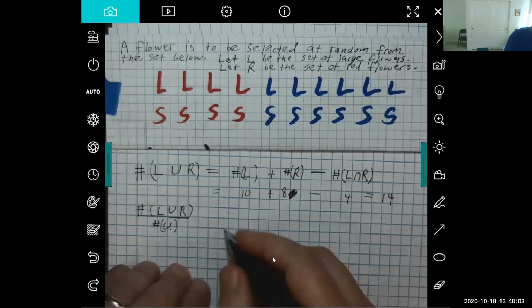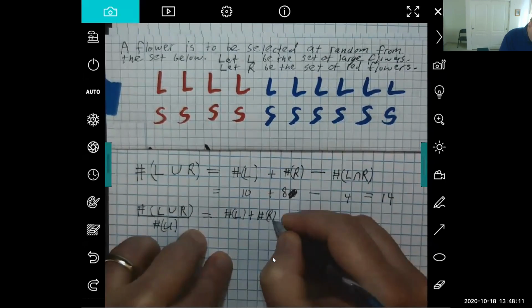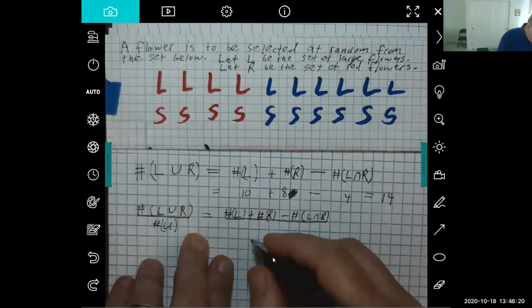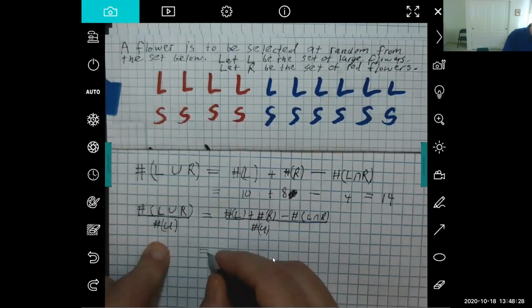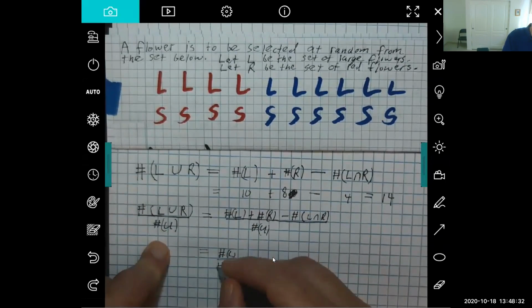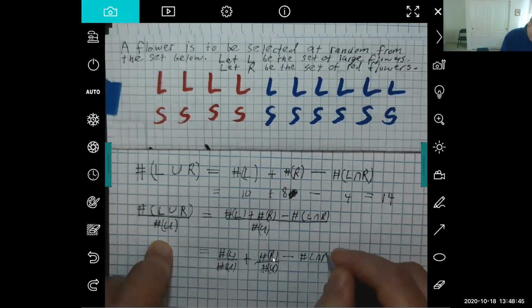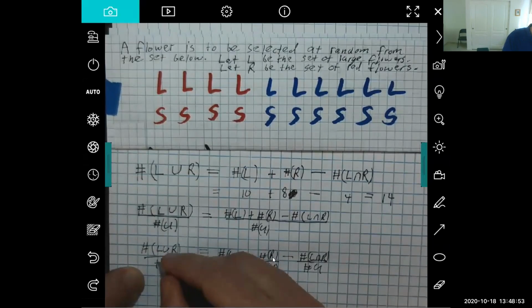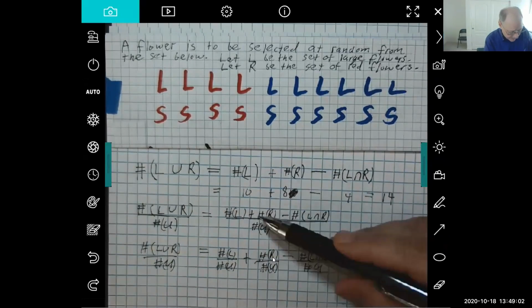If I divide by the size of the sample space on both sides of the equation, use the distributive property to divide out here, divide all 3 of them.